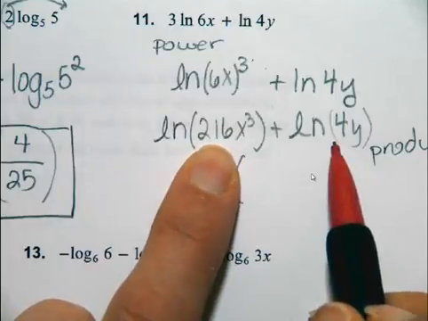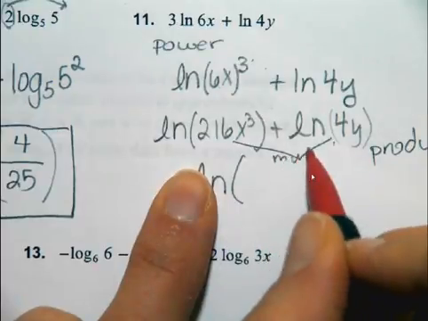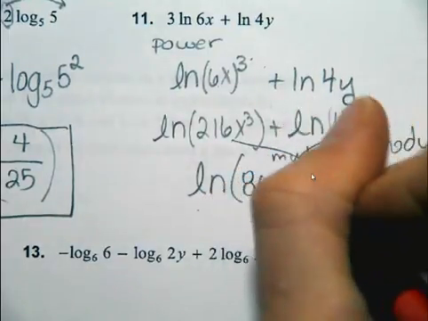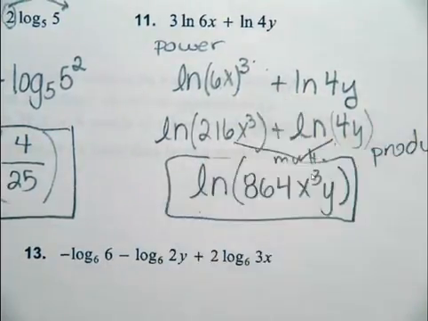I'm just going to write multiply, and then I'm going to do the math. So 216 times 4 is 864, and then x to the third y. So there's our condensed logarithm. Does that make sense, Macy? Okay.